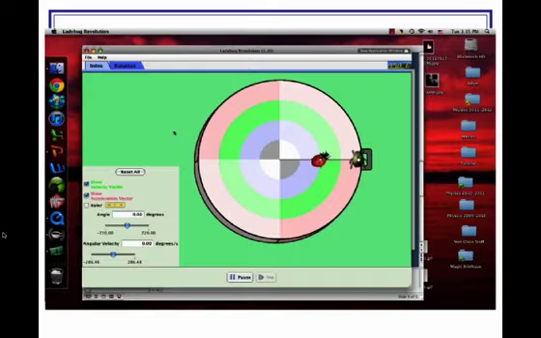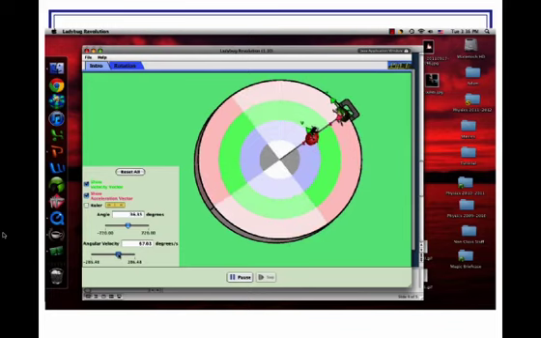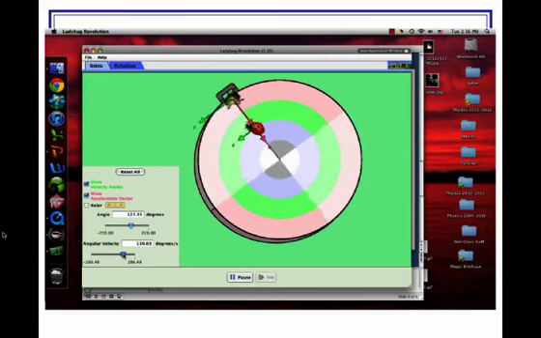Here we have two little bugs sitting on a turntable. What this animation will show is the direction of the vector for the velocity in green and the acceleration in red. So as we add some rotational speed, here we have the velocity is getting bigger.